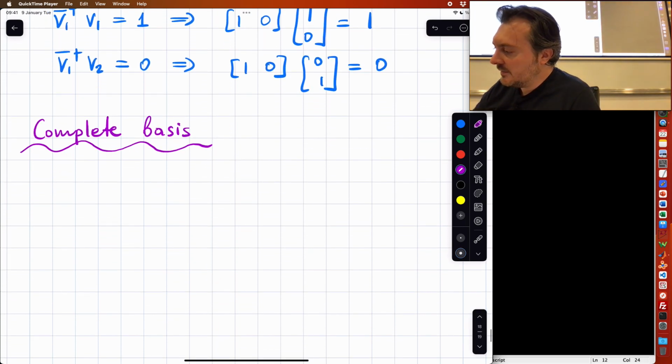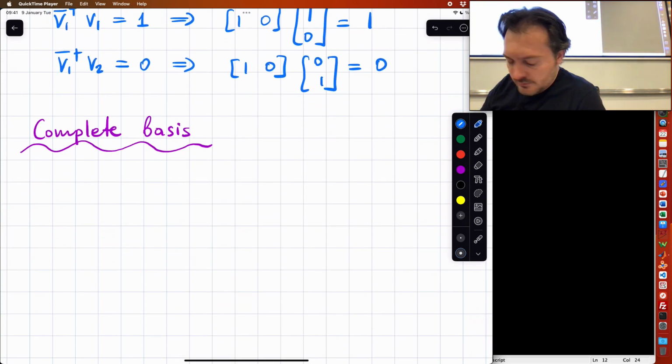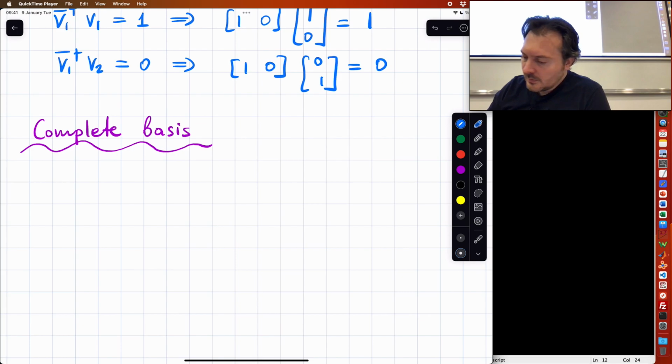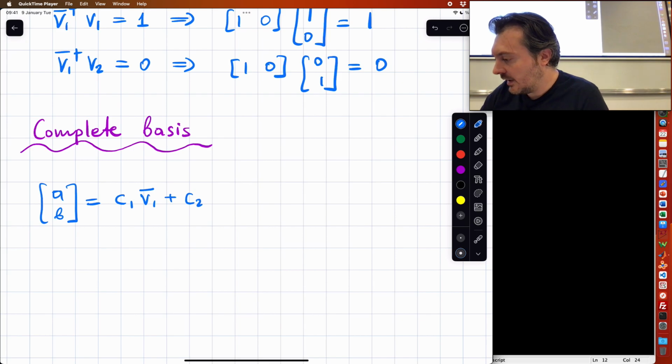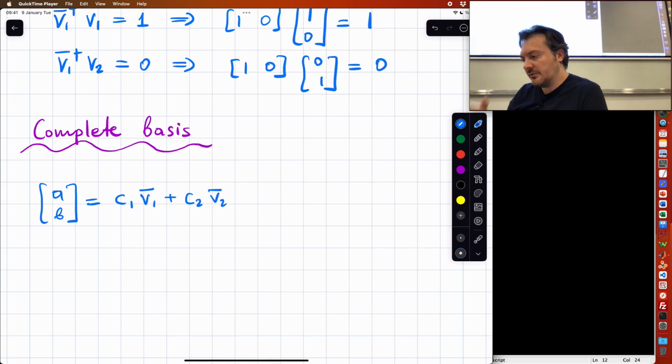So a complete basis is what you have when you can write any vector as a combination of two vectors. Not two vectors, n vectors actually. But for now, let's go with 2 dimensions.